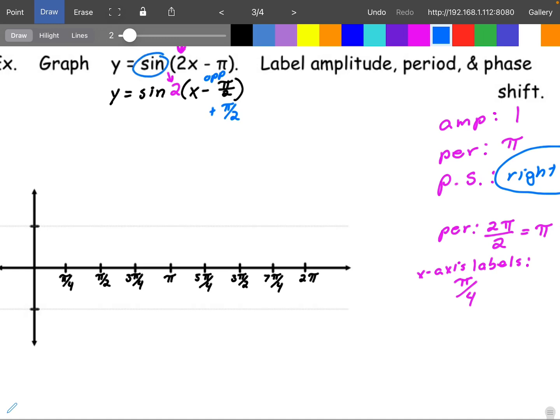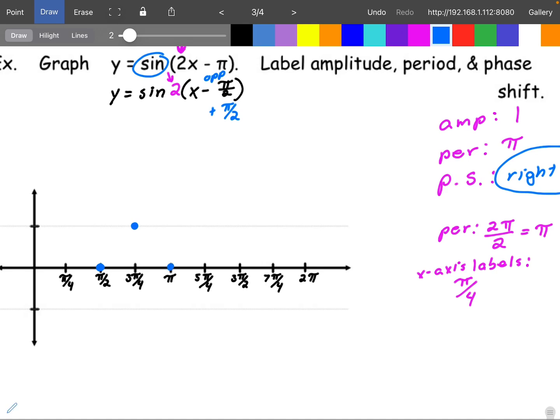Now, the normal sine function starts at 0, so this one is also going to start at 0, but this time that 0 is going to be at pi over 2. So pi over 2 is going to be 0, and my next point is at 3 pi over 4, and we know for sine it's supposed to start at 0 and then go up. So it's going to go up to positive 1 because it has an amplitude of 1.